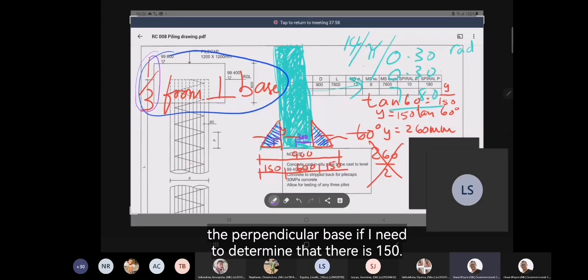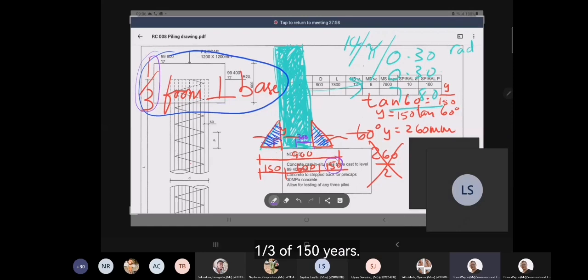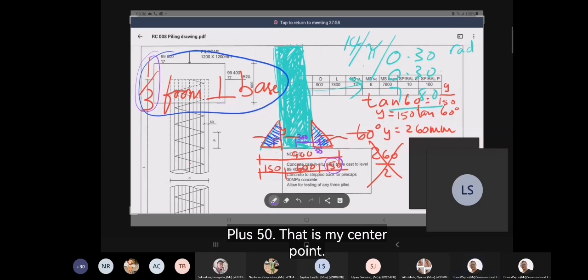If that there is 150, a third of 150 is 50. Happy with that? So it tells me that my radius for my enlarged foot is 300 plus 50. That is my center point.